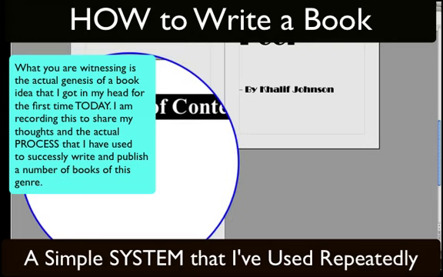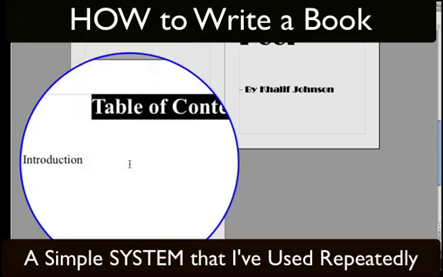I start with the introduction. And you can start with introduction, foreword, about the author, or acknowledgments, whatever. I'm not going to do any acknowledgments. I'm not going to do a foreword. Well, I might. The foreword could be written by you or it can be written by somebody else.